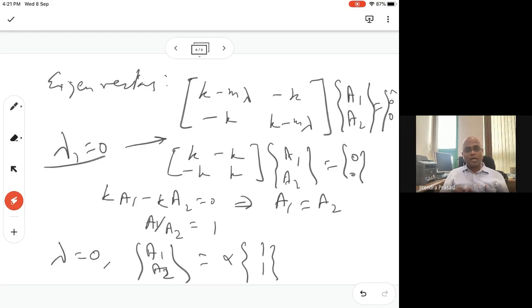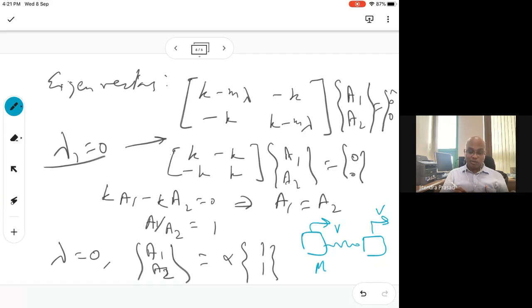It has an infinite time period, and both masses are moving in the same direction with the same velocity, v and v, without stretching. So this is the first mode.